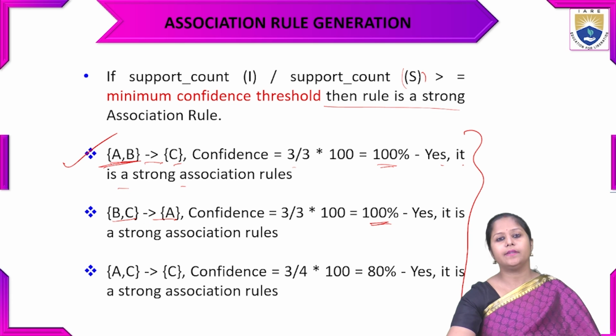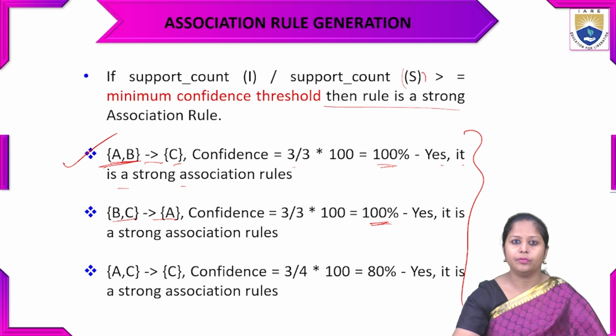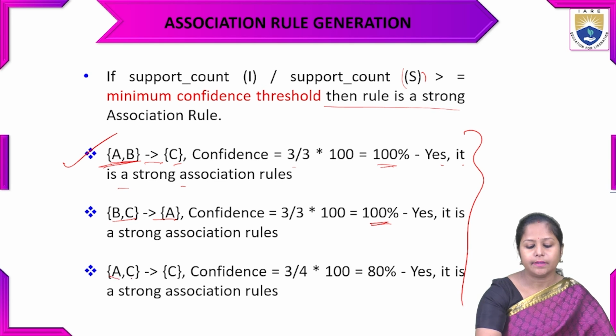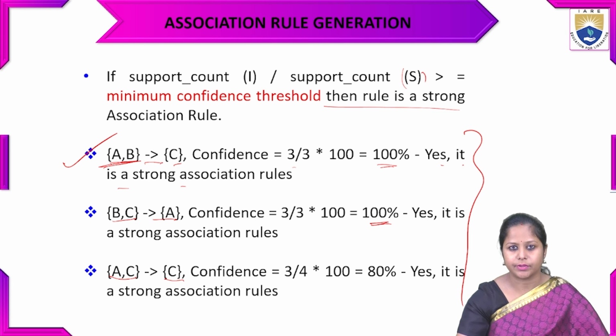If the confidence is more than 60%, that rule will be a strong rule for association rule mining. AC depends on B, the confidence is 80%, so surely it is a strong association rule.